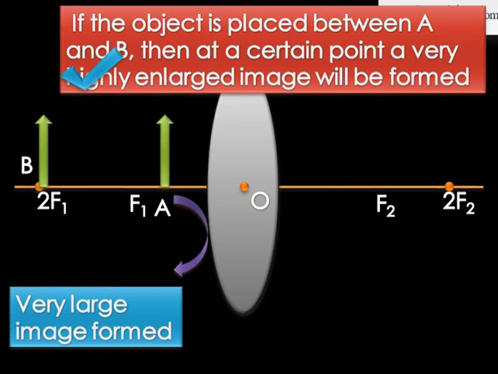We had learned that, isn't it? When the object is placed at the focus of a convex lens, a very enlarged image at infinity is formed. Therefore, there is a point between A and B at which an enlarged image at infinity is formed. There you go. That's our answer.